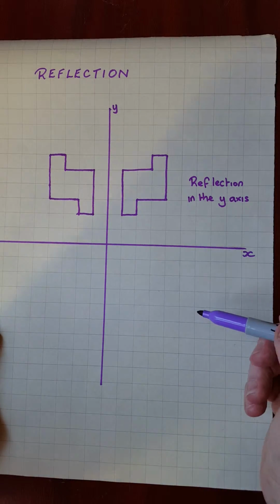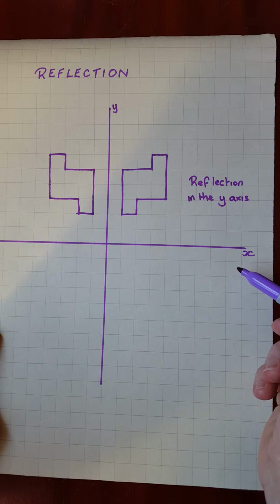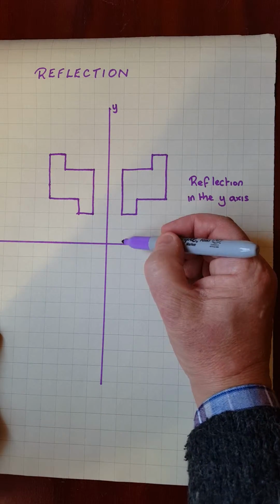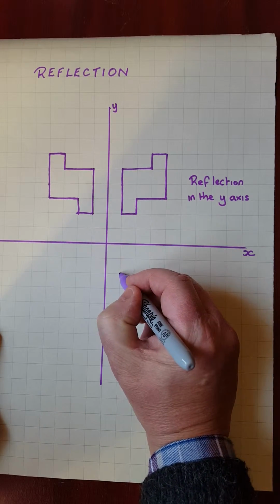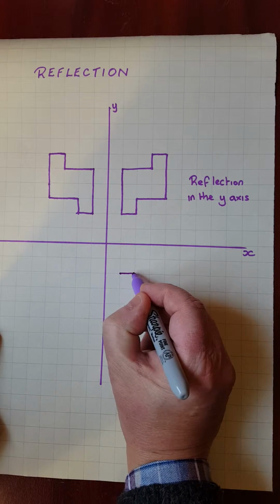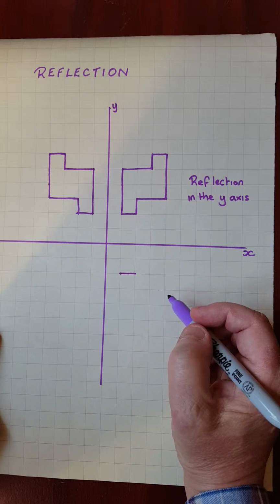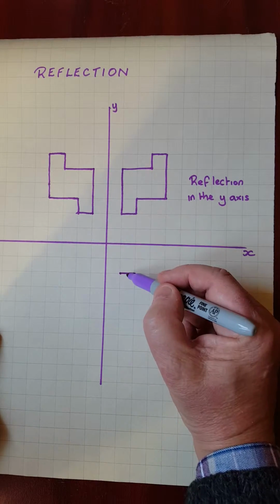If we'd wanted to reflect it in the x-axis, then of course we would have used this as our mirror line, 1, 2, 1, 2, and we would have drawn a reflection starting there.